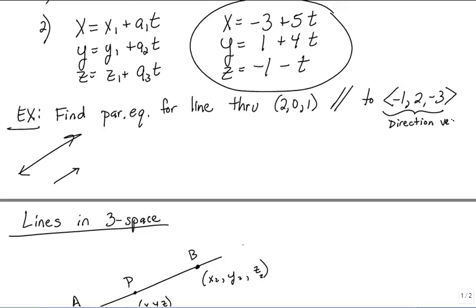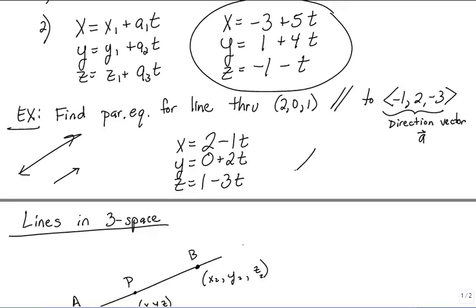So that's our A. So then all you have to do is just go x is x1 plus a1t, so 2 minus t, y is 0 plus 2t, and z is 1 minus 3t. So we have these parametric equations for the line.